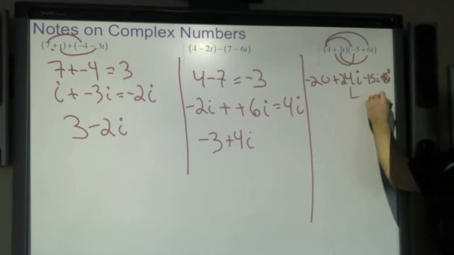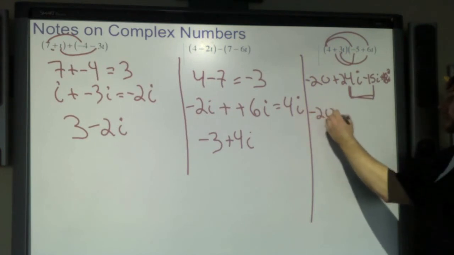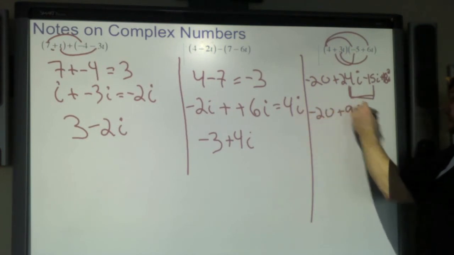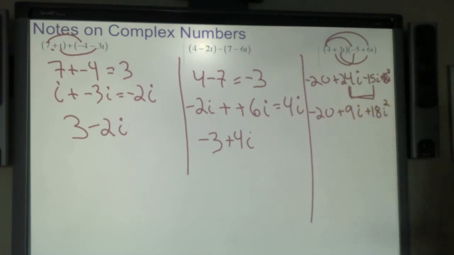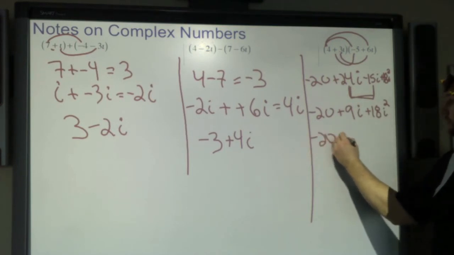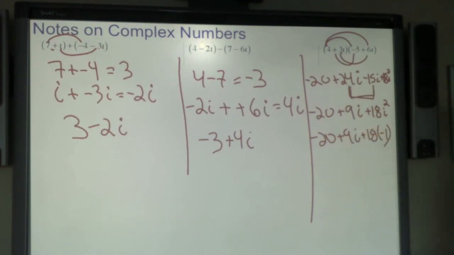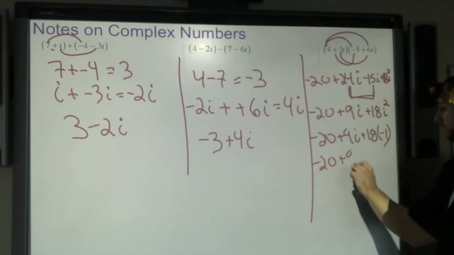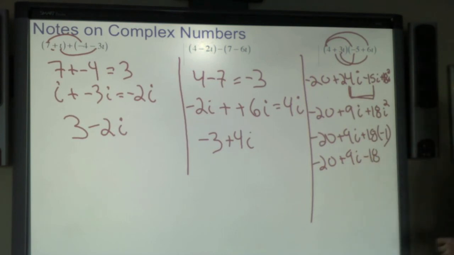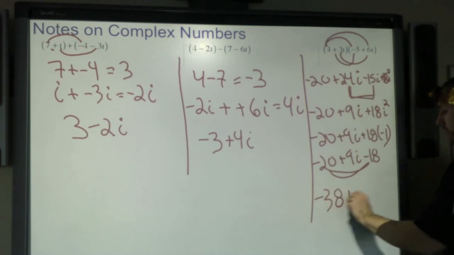So I combine the middle part, because they're the ones with the i's. So I got negative 20 plus 9i plus 18i squared. But again, that i squared is there, and i squared is negative 1. So I replace that in. So it now becomes 18 times negative 1. 18 times negative 1 is negative 18. And then I can combine these numbers and get negative 38 plus 9i.